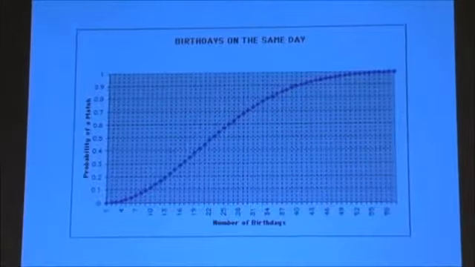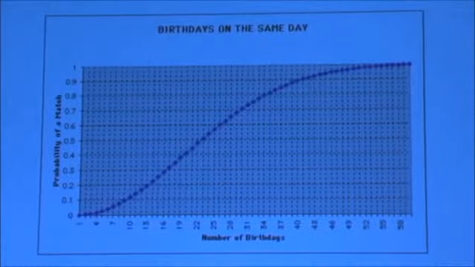Right now, this is the probability of no collisions. I want to know if we're going to start talking about hash tables and using arrays and have to deal with multiple C names or A names or B names, how likely is that? Well, as the birthday problem suggests, it's actually really, really likely. So this is a plot whereby the x-axis represents number of students in the room, or number of birthdays, equivalently.